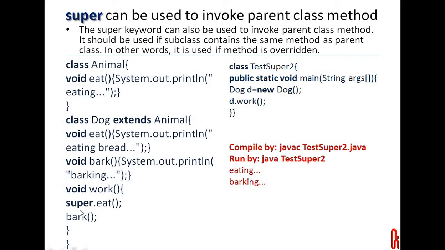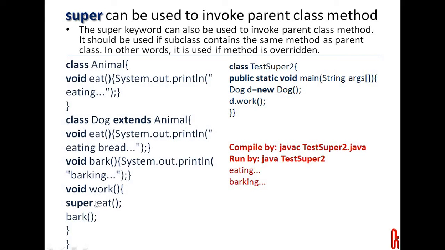Suppose this super is absent, then the local eat method is invoked. For bark, the same, the local bark method is invoked. In our main method, that is inside the TestSuper2 class, an object of the Dog class, that is our subclass, is created and the work method is invoked.